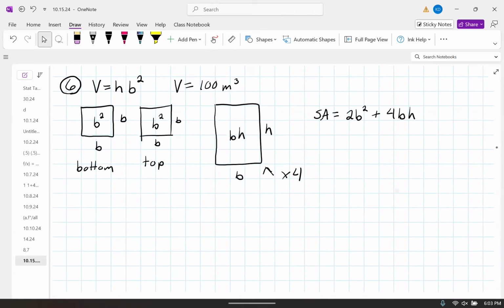That works as long as the bottom is a square. If the bottom's not a square, top and bottom will still be the same, and you'll have two pairs of sides that are the same. But in this case, they were nice to us.